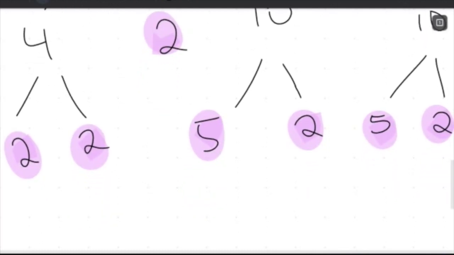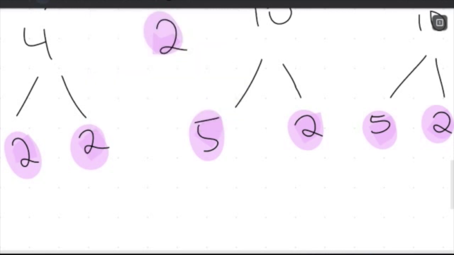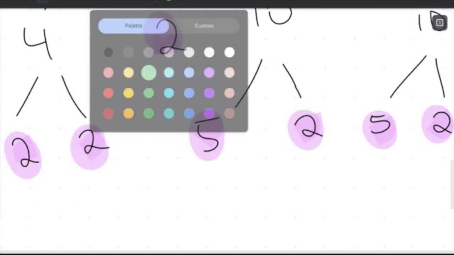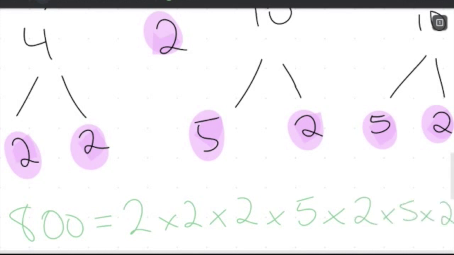And therefore, I can say, let's do this in another color, 800 equals 2 times 2 times 2. I'm already getting bored writing all these 2's. You can hopefully see where I'm going with this. Times 5 times 2.